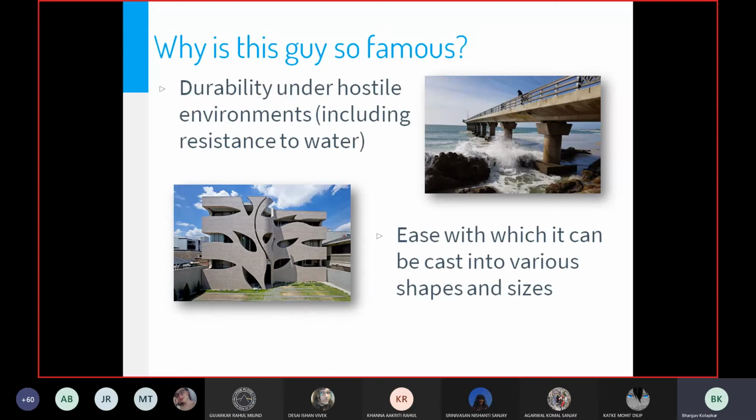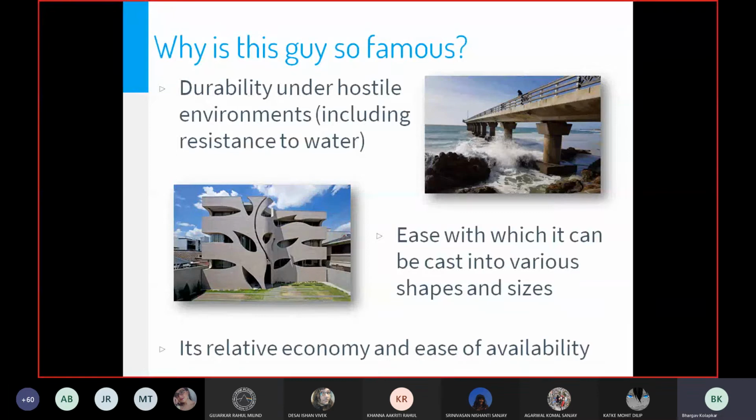The next thing is the ease with which it can be cast into various shapes and sizes. To cast any shape of concrete, what we practically need is a mold that can take that shape and a good method in which the concrete can be compacted. If you can take care of these two, then I believe it can be cast into various shapes and sizes.